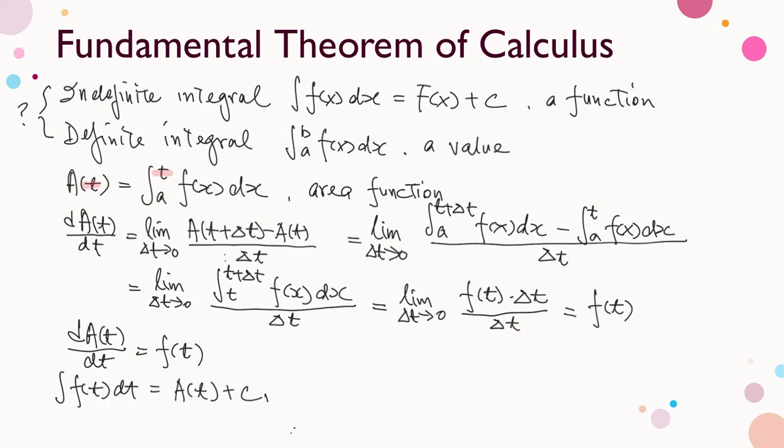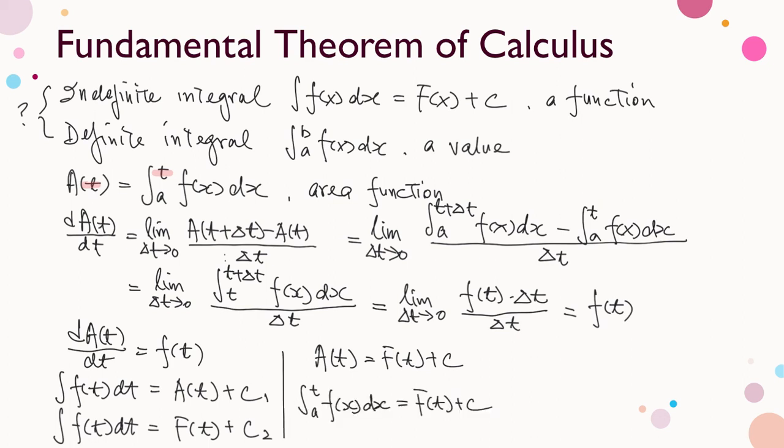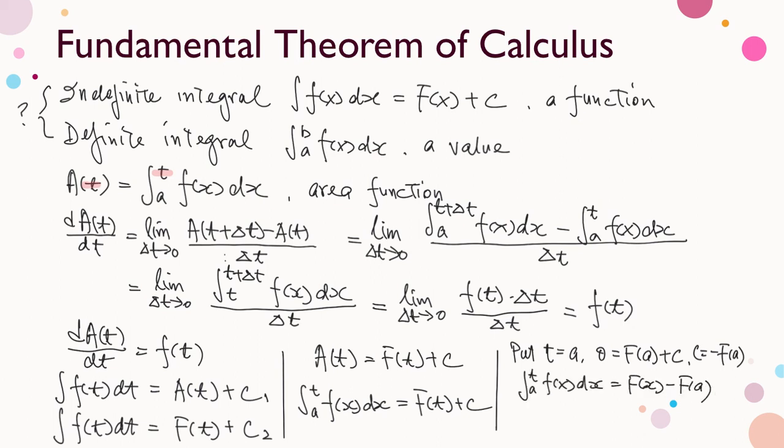In fact, we can find another expression for a primitive function of f of t by indefinite integration, where big F of t is also a primitive function of small f of t too. That is, the difference between A of t and F of t is a constant. Replace the function A of t by the definite integral. We have, to fix the value of c, put t equals a. That is, to get the original definite integral, put t equals b.